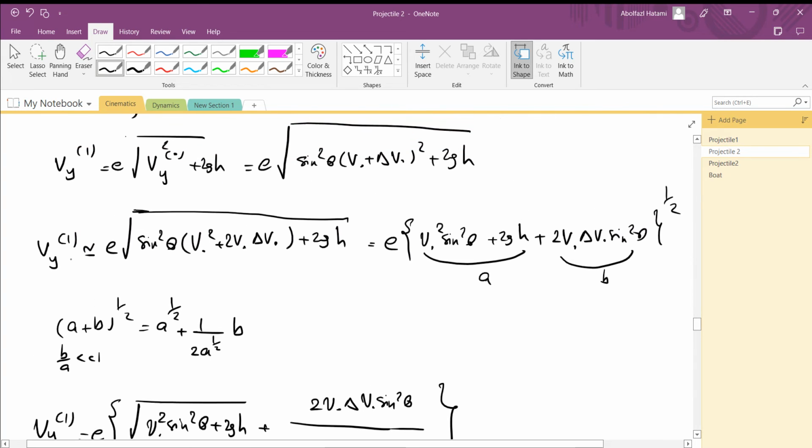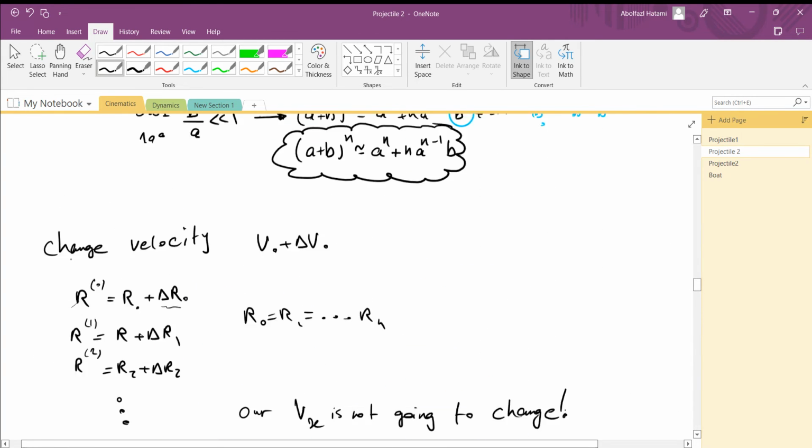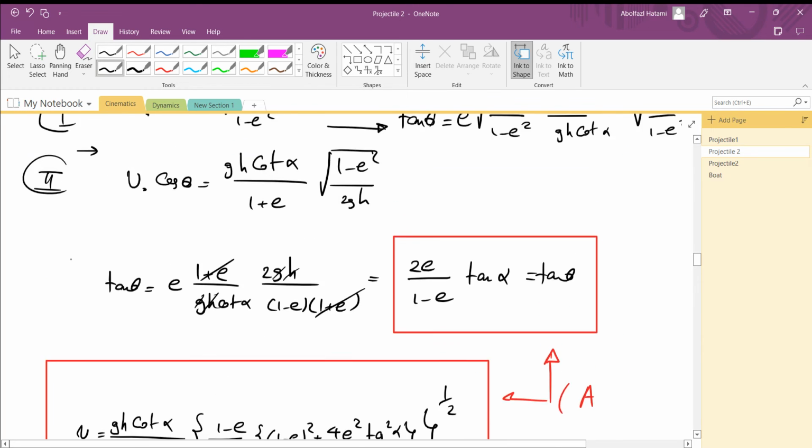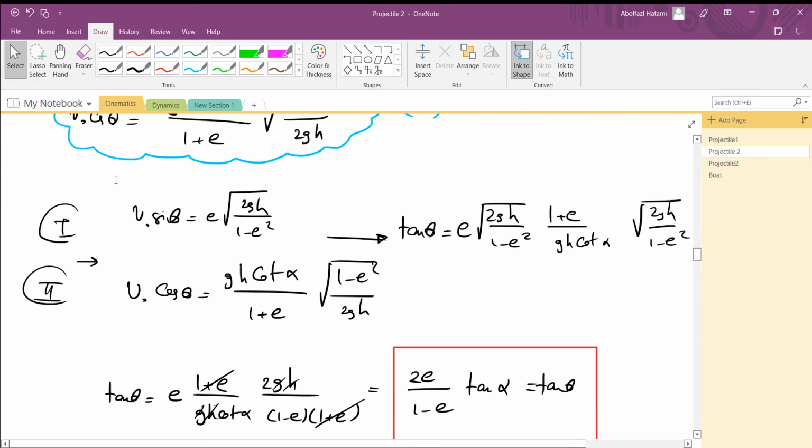And also we obtained that v0 sine theta is something like this.